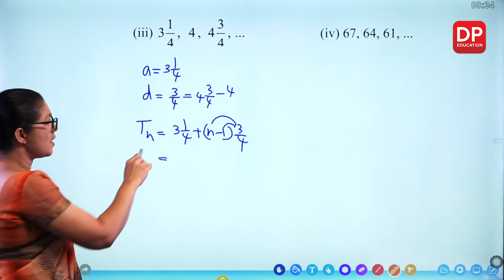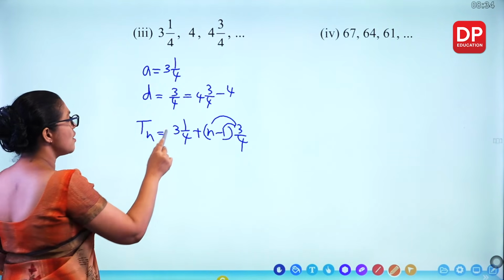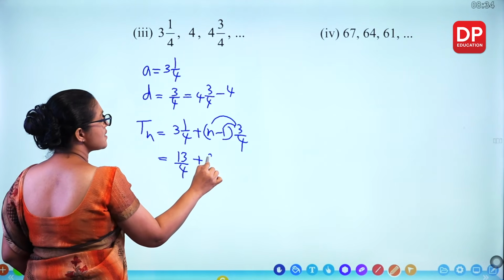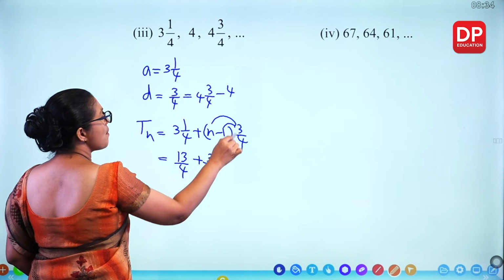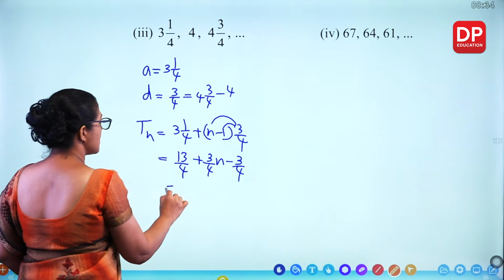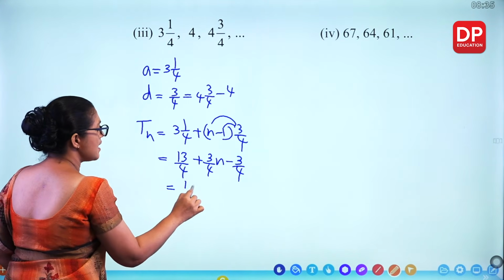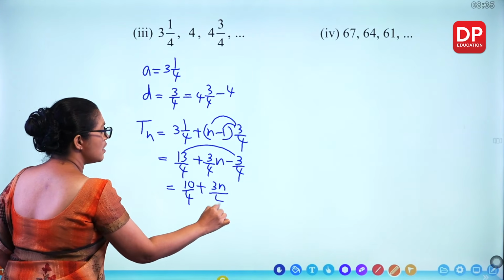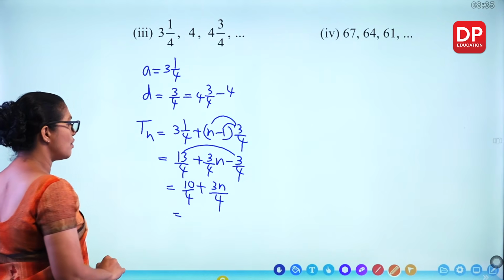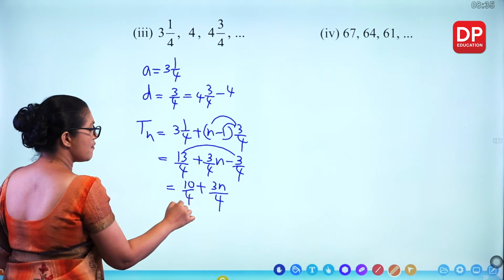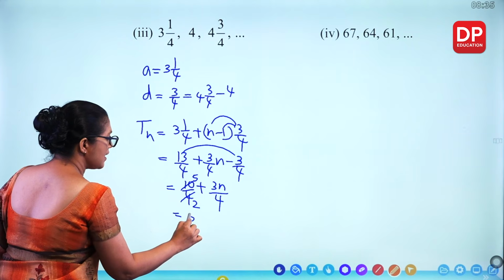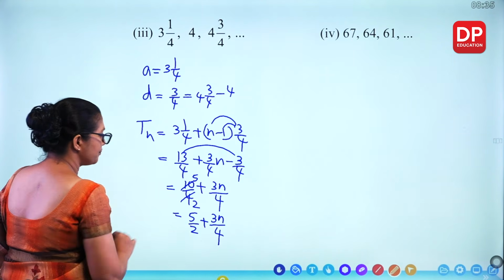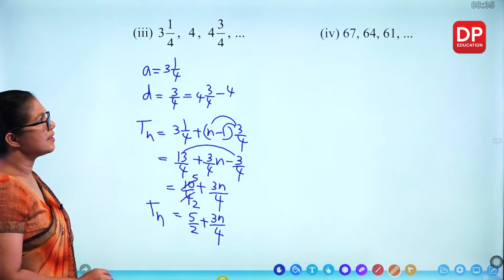And in this one, you can write in improper fractions. 4 times 3, 12, 12 plus 1, 13 over 4 plus 3/4 n minus 3/4. 13 minus 3 is 10, 10 divided by 4, these two I can simplify, 3n over 4. So what am I getting? I can simplify 2 and 5. The final answer is 5 over 2 plus 3n over 4 is the nth term.